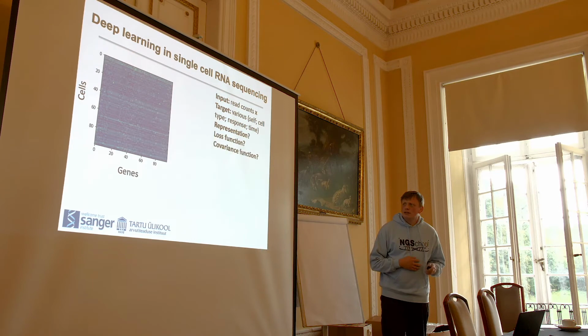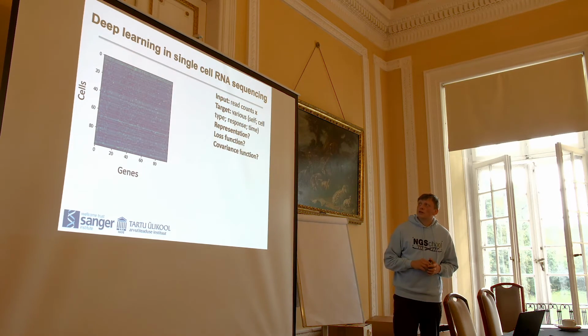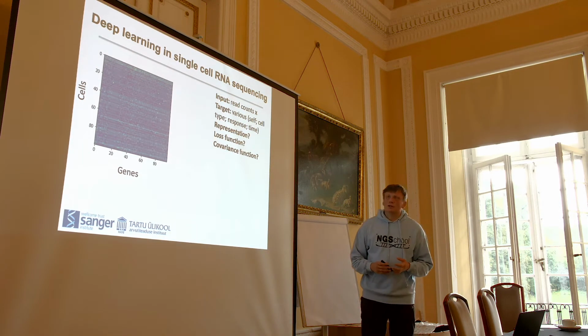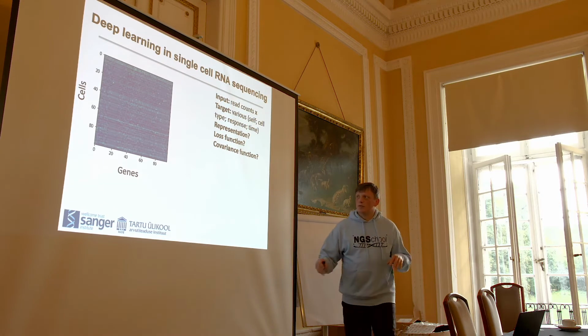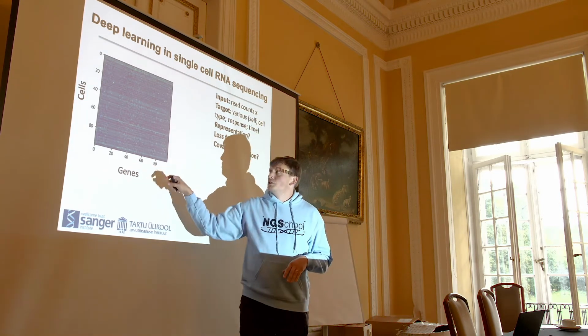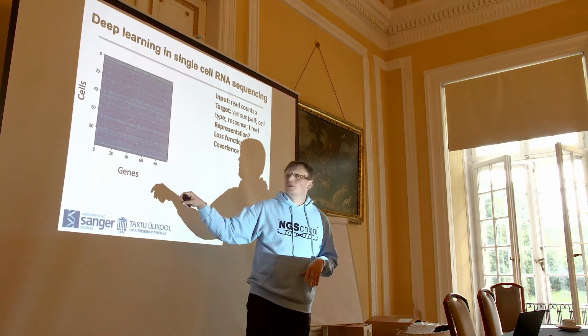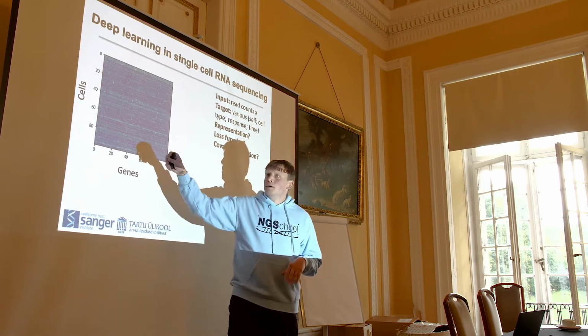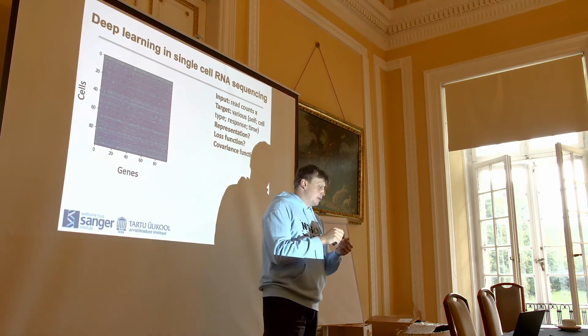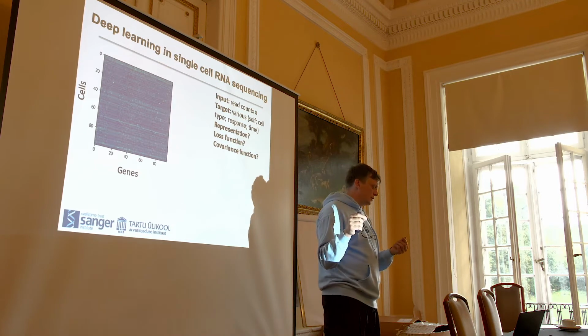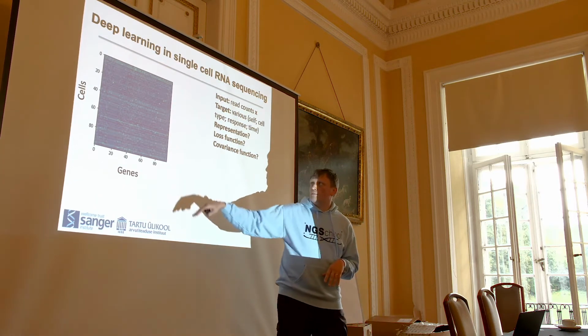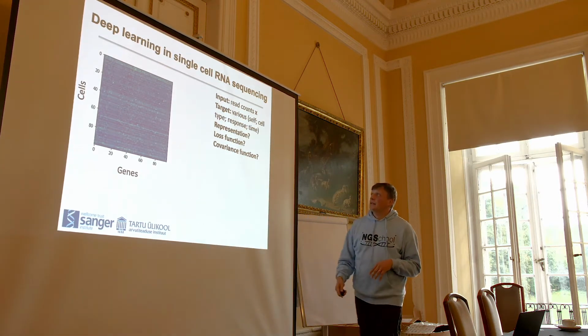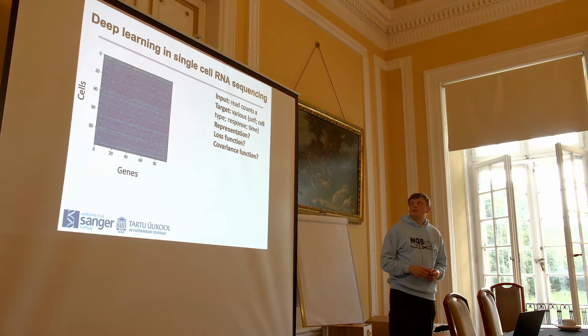Okay, next, single-cell RNA sequencing. So here the inputs are read counts in a cell, so I have many cells and many genes. I didn't bother plotting everything, otherwise you can't see the individual dots. So every input vector is all gene expression levels in one cell in count form, and you have many cells and many genes. And the learning targets can be quite different.